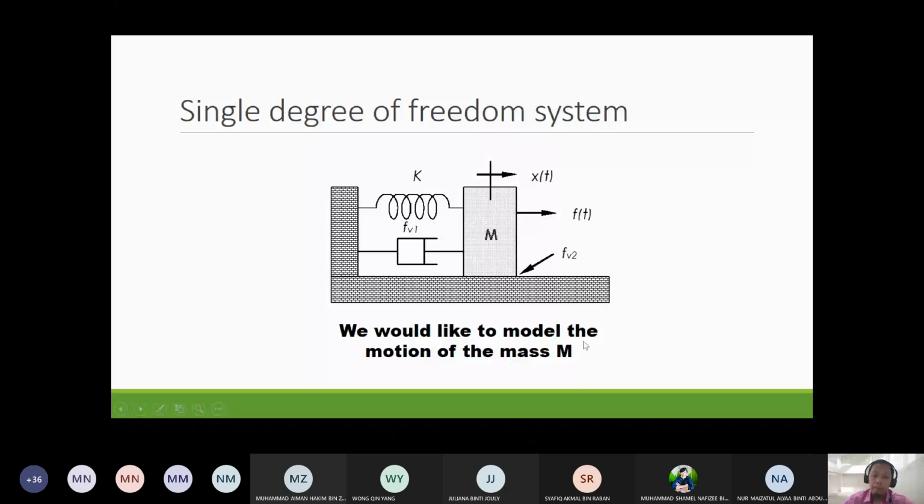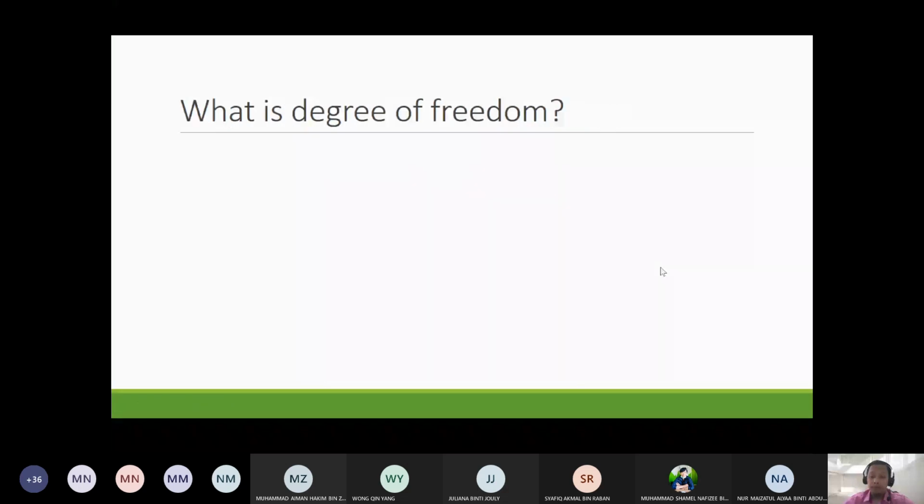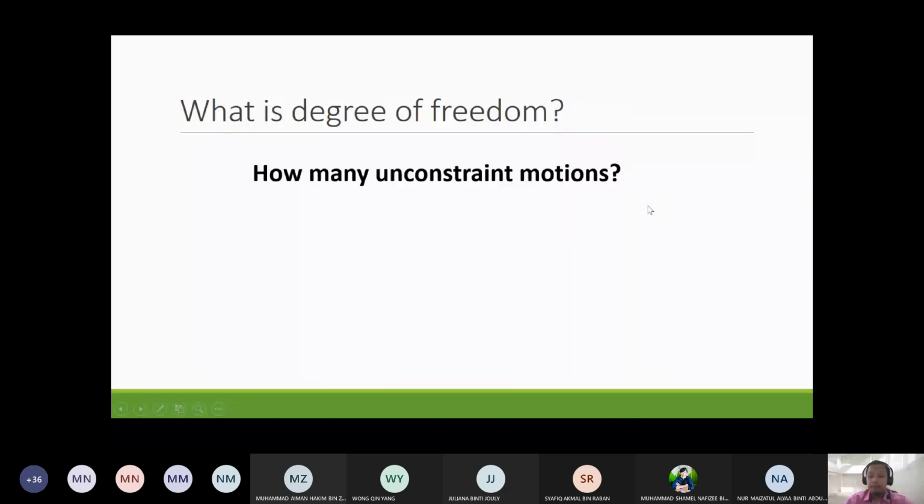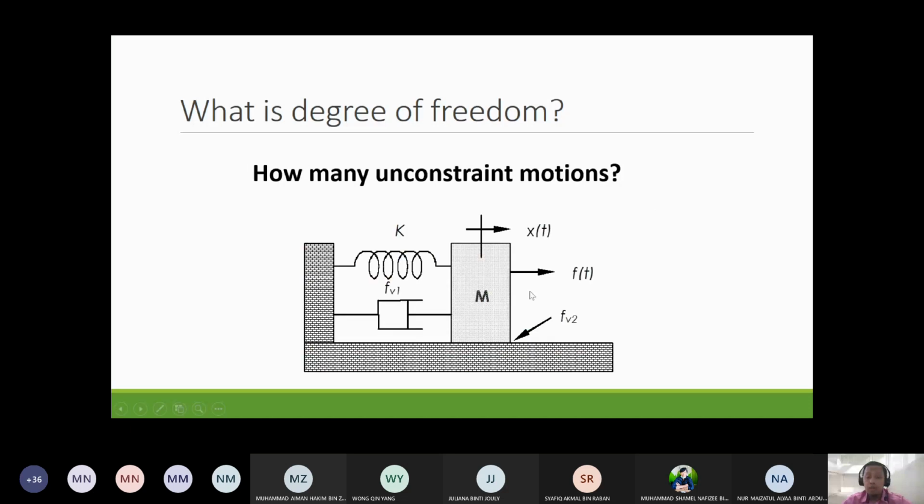Firstly, what is degree of freedom? This is a single degree of freedom system. Degree of freedom is basically the number of unconstrained motions. How many unconstrained motions can we find from this system? Unconstrained motion means the motion that allows the box to move.